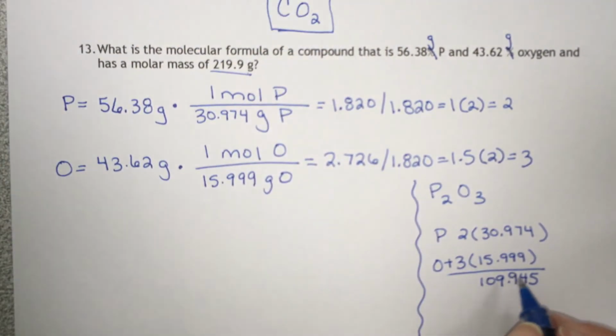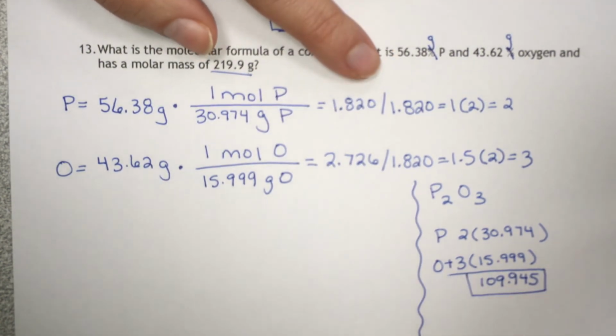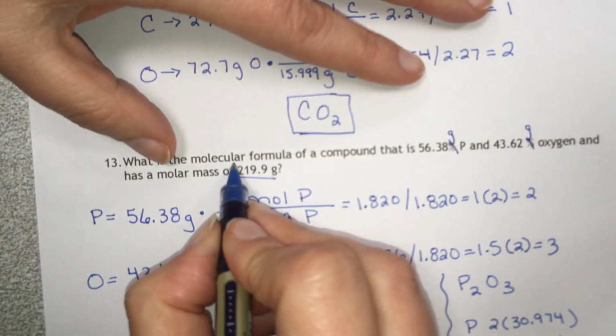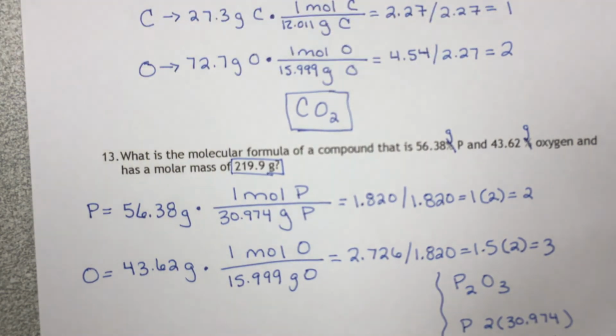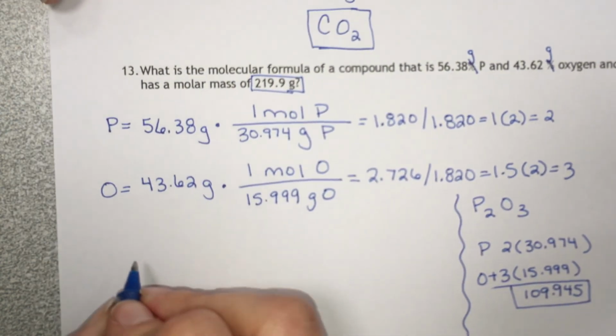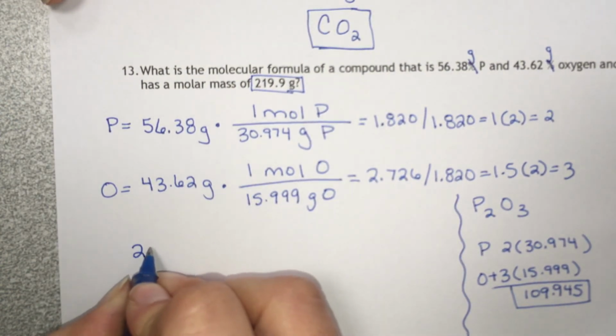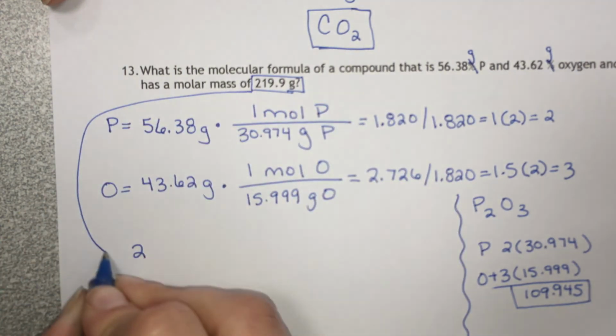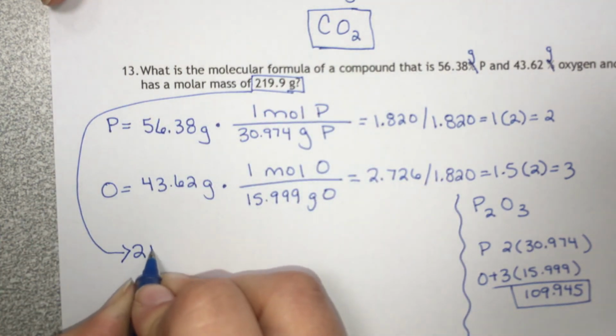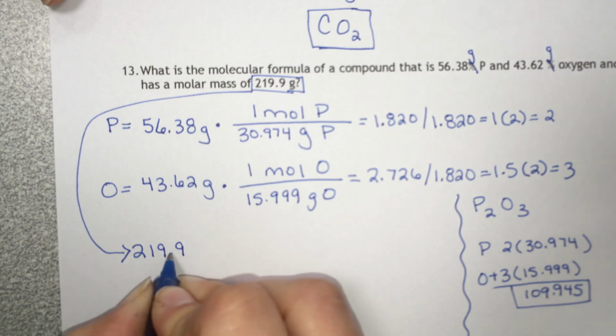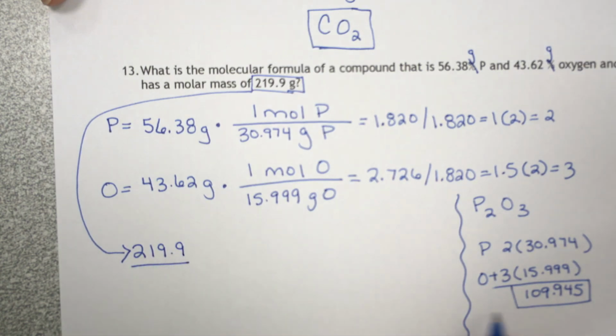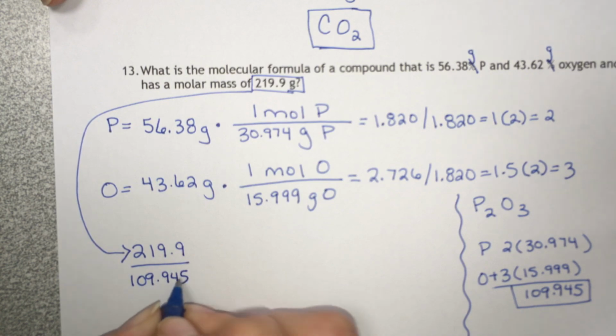So now what we do, we have empirical formula mass and we have molecular formula mass. So what we're going to do is take the molecular formula mass from here, 219.9, and we're going to divide it by the empirical formula mass, which is 109.945.